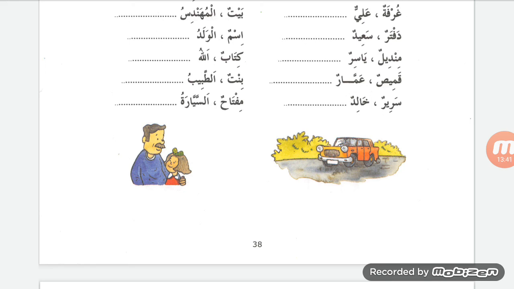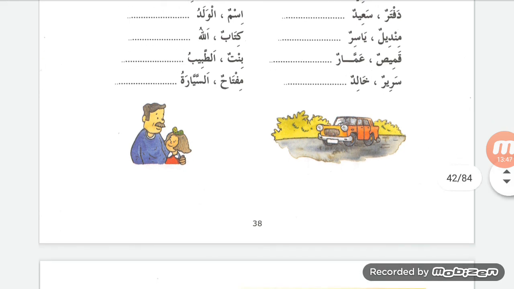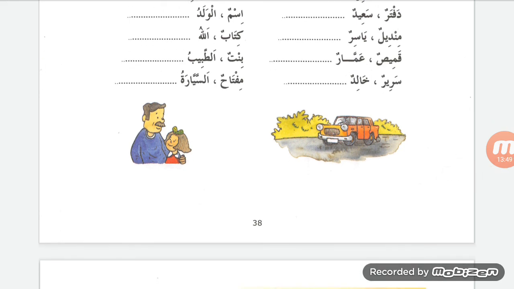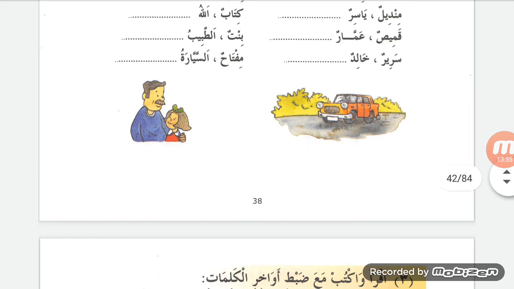Baytul muhandisi, house of the engineer. Daftaru Sa'idin, register of Sa'id. Ismul waladi, name of the boy. Mindilu Yasirin, Mindil is handkerchief, handkerchief of Yasir. Kitabullahi, book of Allah.